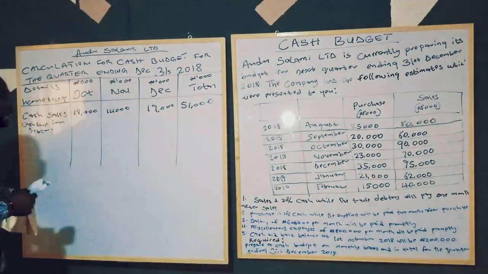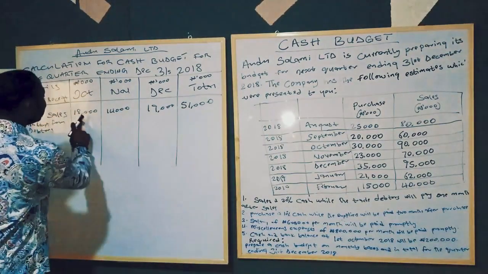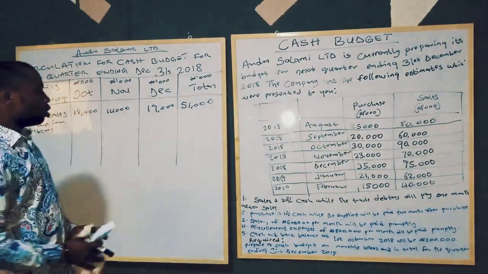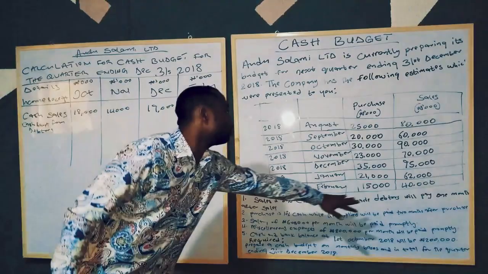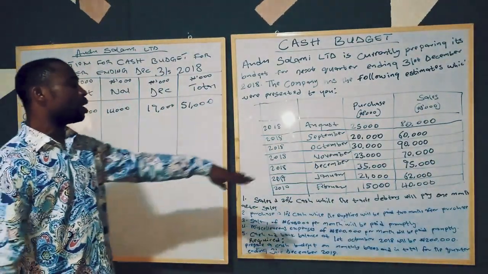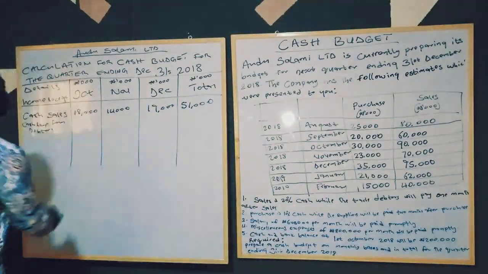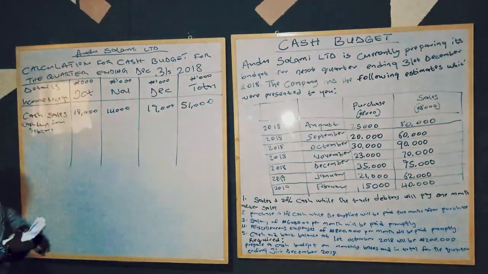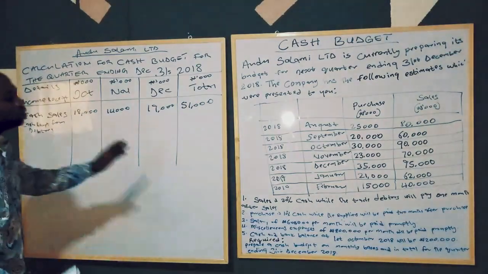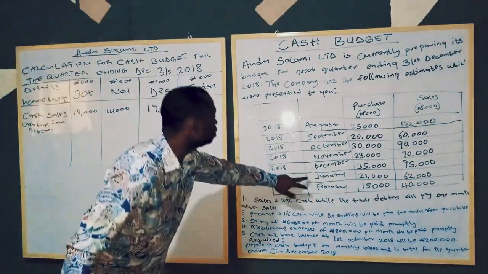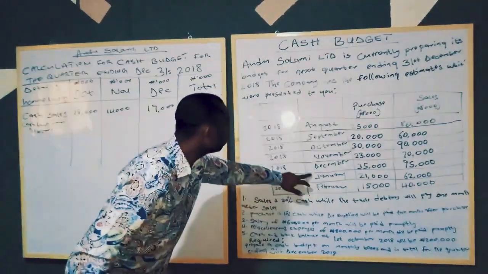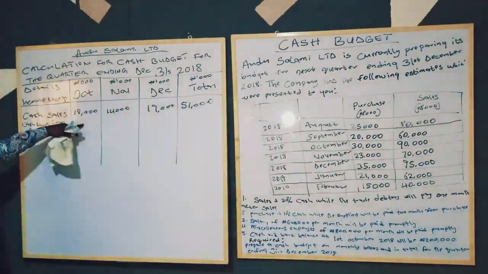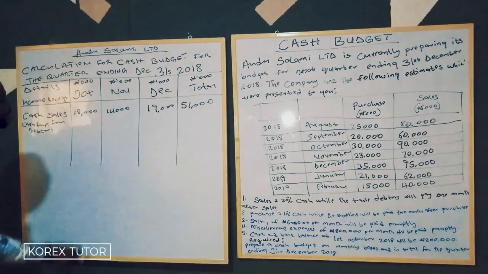Here they say the debtor will pay 1 month after, so the balance of the goods they bought in September is what is going to be here, because they pay 1 month after, and so on.